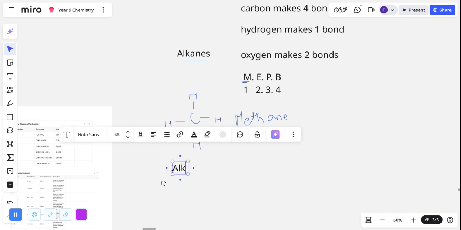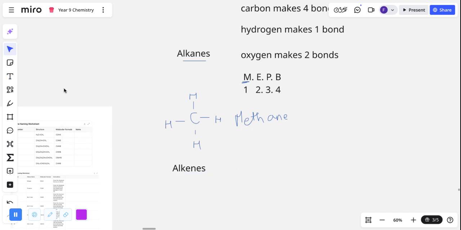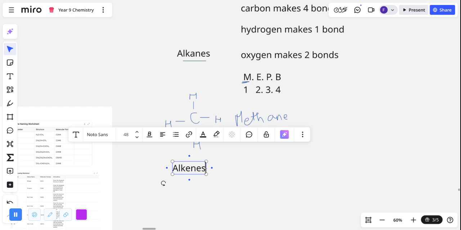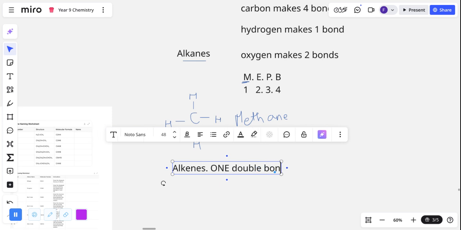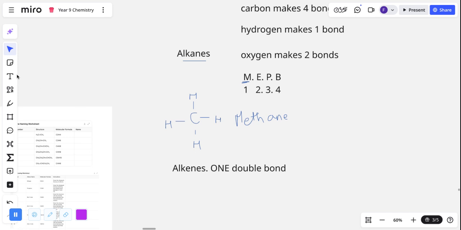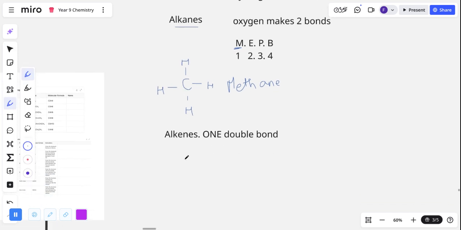We then head into alkenes. Alkenes are called alkenes because they have 1, and that's really important, 1 double bond. The smallest alkene is 2 carbons. Carbon, double bond, carbon, with hydrogen, hydrogen, hydrogen, hydrogen.